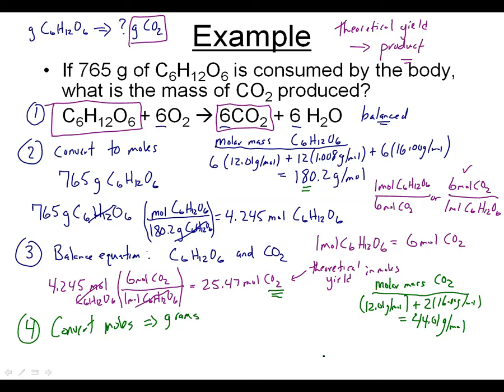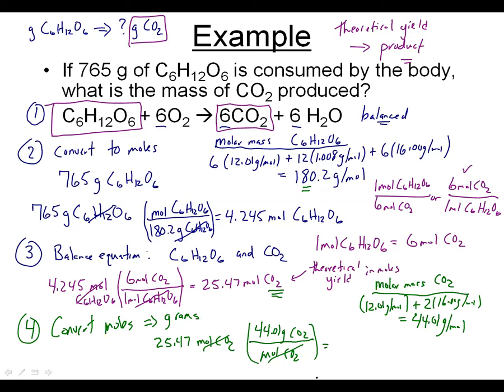And that's what we need for our very last step here, 25.47 moles of CO2, which is what we got in step number 3. We will then use the molar mass with the grams on top so that we end up with grams, moles on the bottom so that the moles will cancel out, and we will end up with 1121, we'll call it.